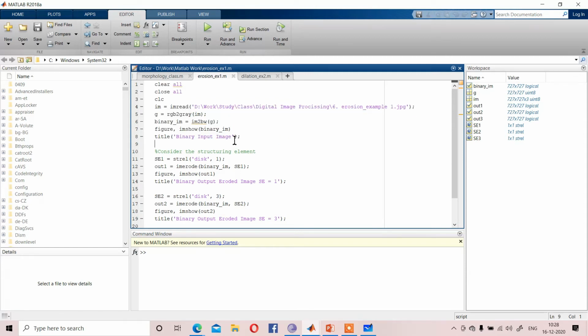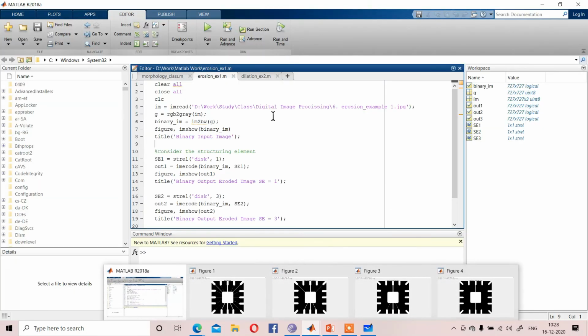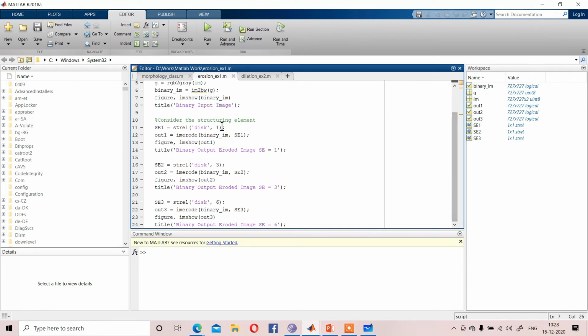So first I have considered my input binary image, which is that image. And then I have defined the structuring element in a different way. The structuring element is defined by the code strel, and I have considered a disk-shaped structuring element.